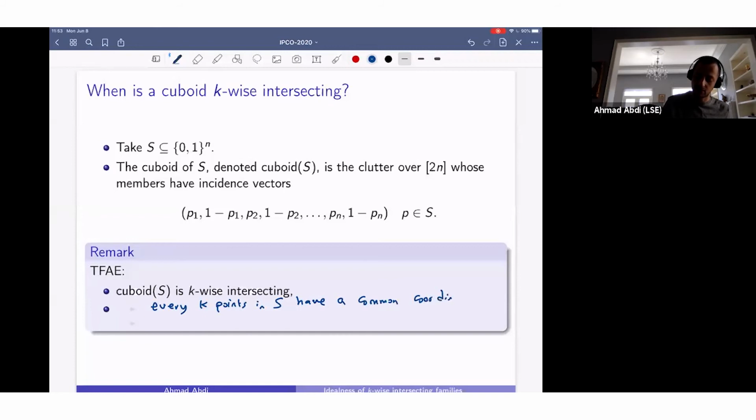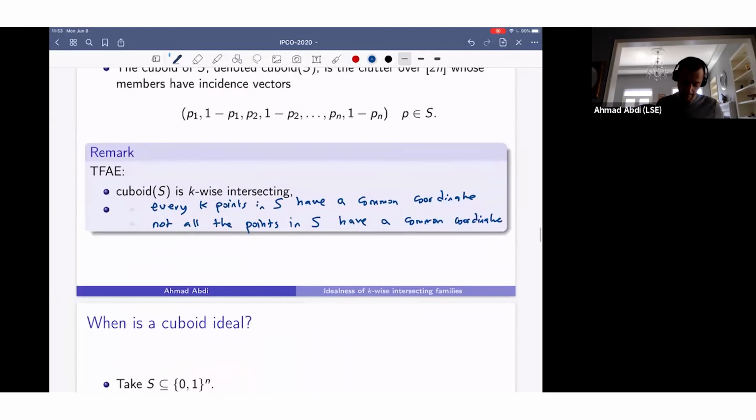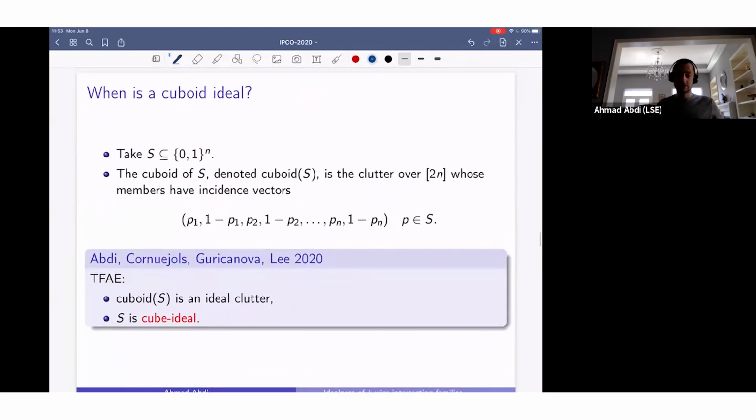Even a common 0 will lead to a common element because we're complementing these. However, we don't want all the members to have a common element. That's going to mean that not all the points have a common coordinate. All right, so that's k-wise intersecting cuboids.